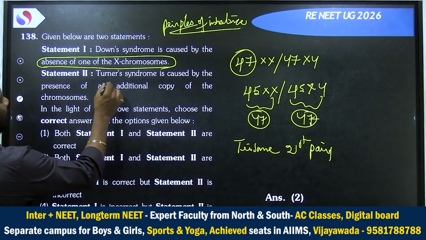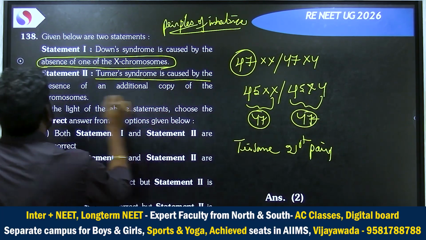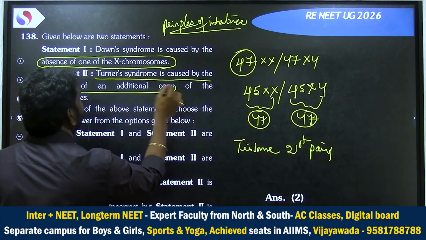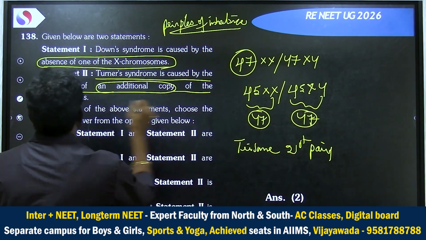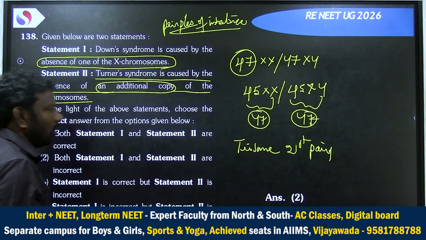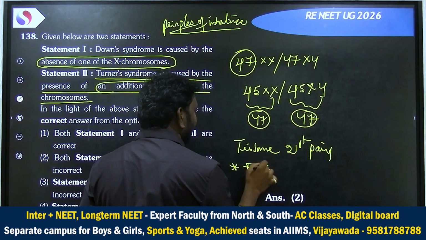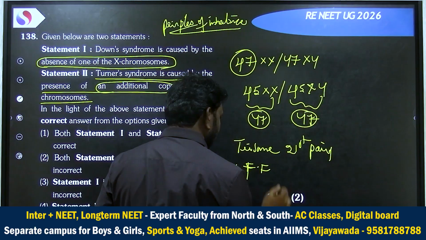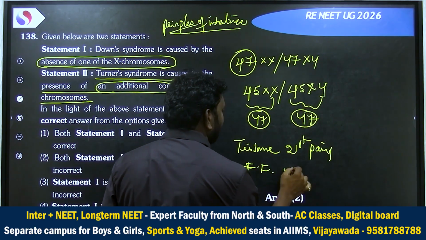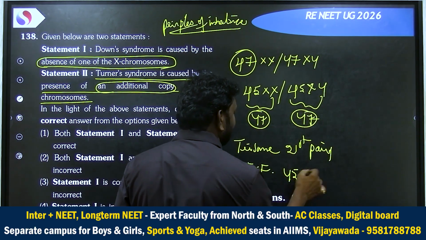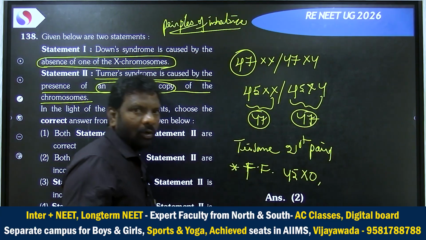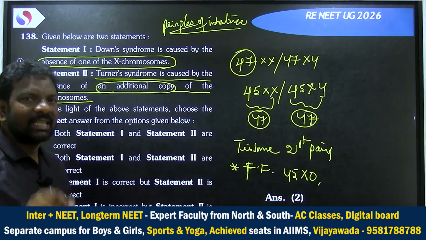Statement 2: Turner female is caused by the presence of an additional copy of a chromosome. No. The Turner female karyotype is 45 XO, which means one sex chromosome deficiency is there.